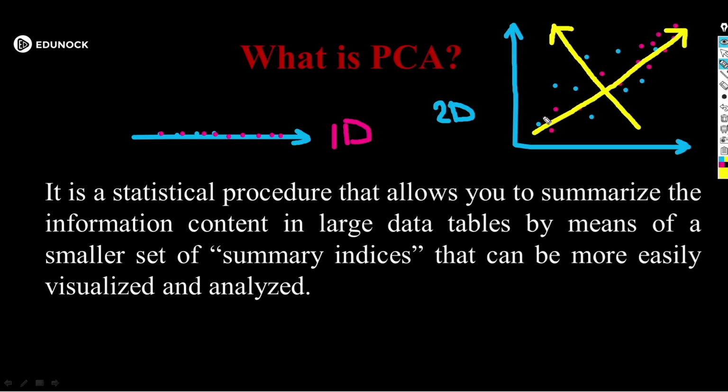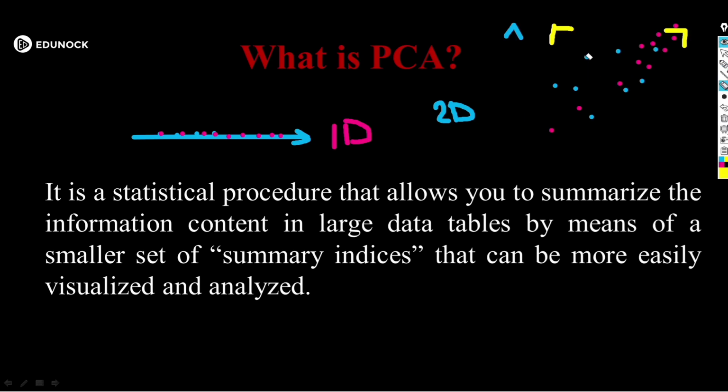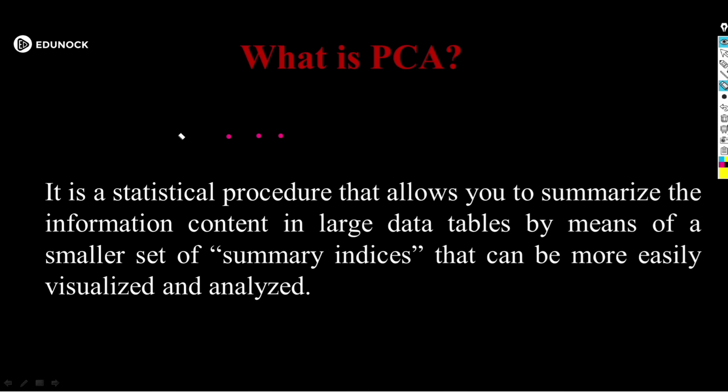You have adjusted all the data, and most of the data points now lie along one dimension. This is the beauty of PCA, where we can convert a two-dimensional or higher-dimensional data set into a lower-dimensional one. In a simpler way, I can convert a two-dimensional data set into a one-dimensional data set.